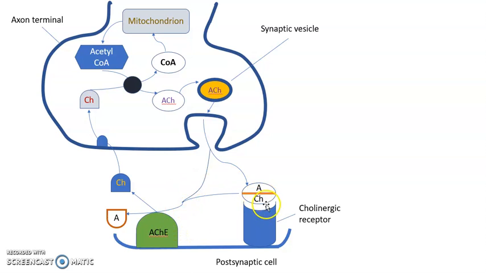So excess of that will cause certain side effects, of course. So these drugs, the ones that inhibit this action, can be used sometimes to diagnose myasthenia gravis, an autoimmune condition causing muscle weakness. Autoimmune means it's your immune system attacking your own body.